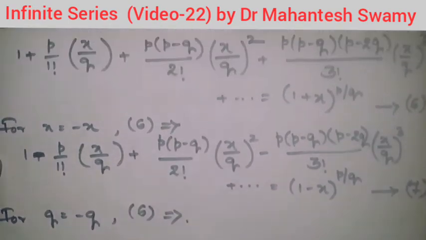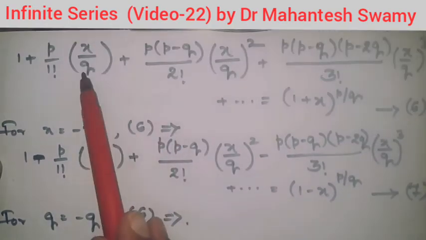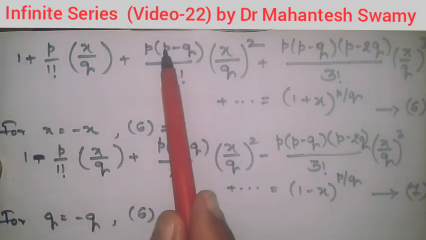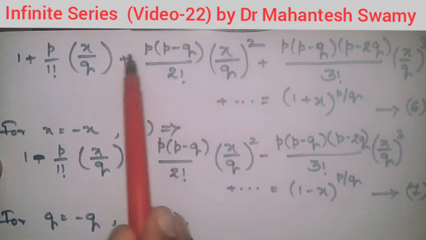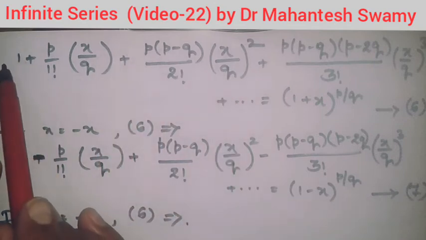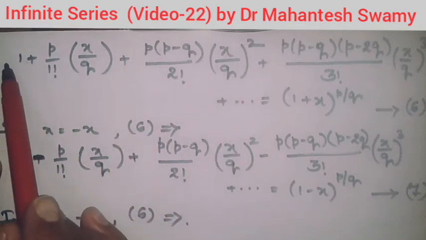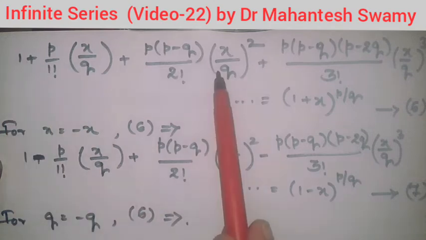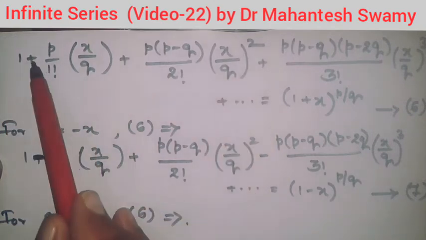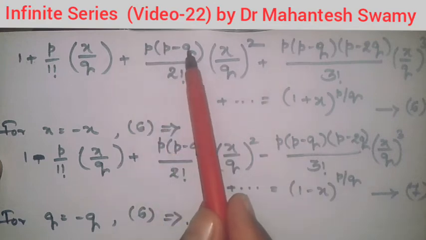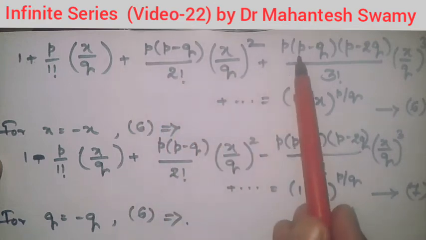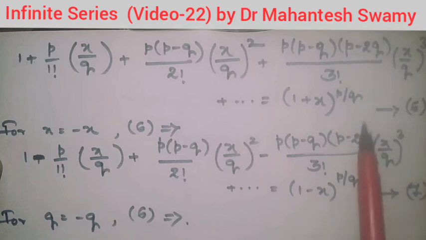In the result number 6, if we substitute q equal to minus q, this term is going to be negative, this becomes p plus q, and this is again minus. So alternatively, minus q whole square will become plus, so alternatively minus, plus, minus sign will be coming, and each bracket will become positive, p plus q, p plus q, p plus 2q, like that the terms will be.